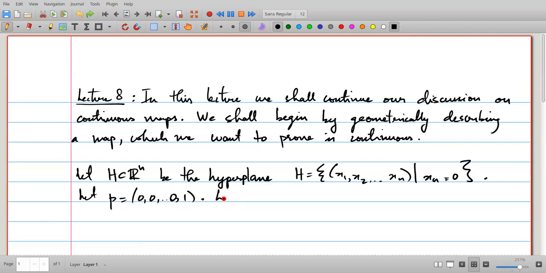And finally, let H prime be the plane which is parallel to H and which passes through P. So in other words, it is a set of points x1 up to xn such that xn is equal to 1.